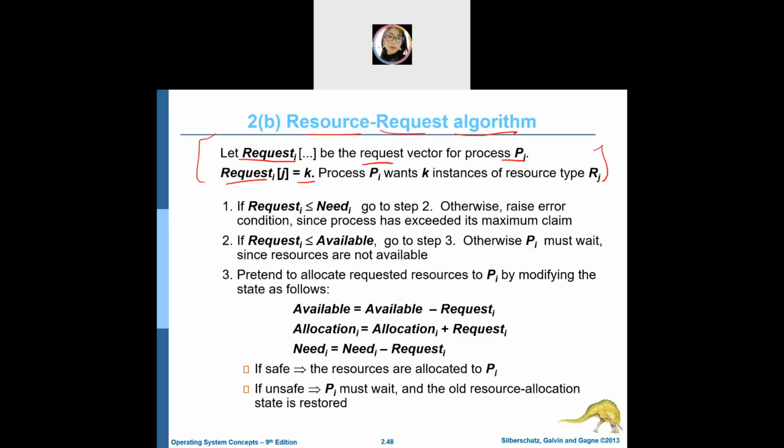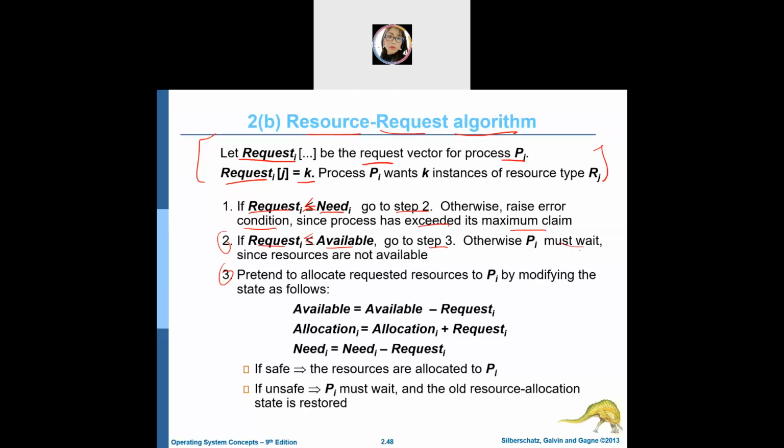In step 1, if request is less than or equal to need, then you go to step 2. Otherwise, raise an error condition, since the process has exceeded its maximum claim. For step 2, if request is less than or equal to available, then you go to step 3.